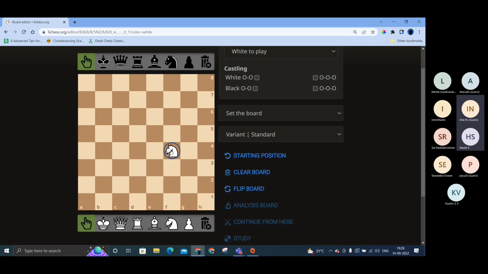Just tell the file and rank name, letter and number. F5. F4, F5 is a landing square.